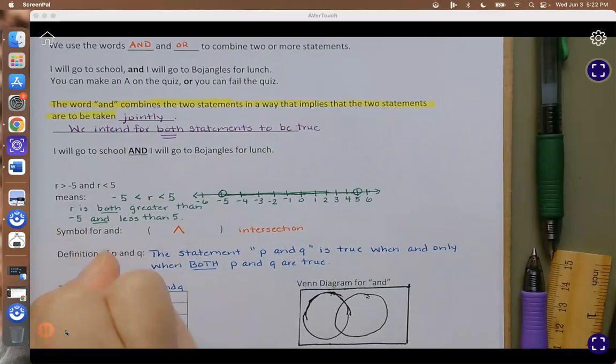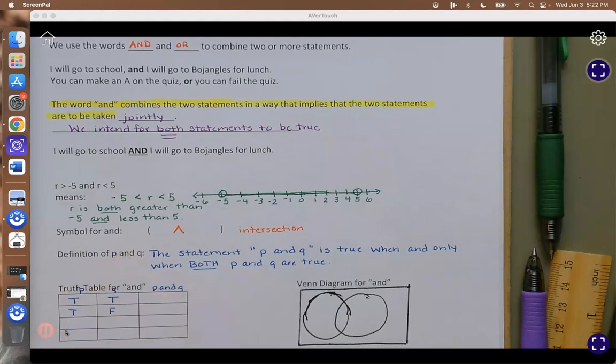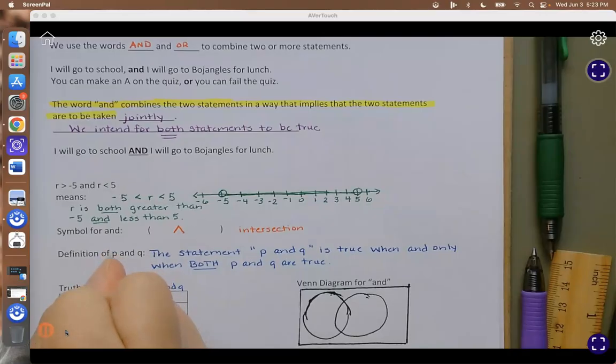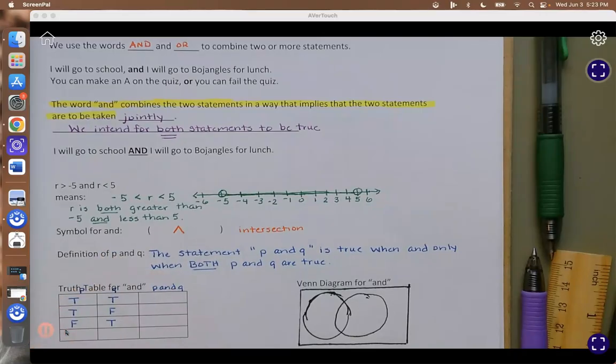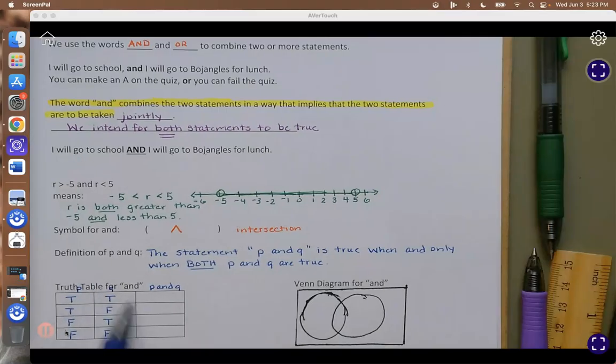P could be true and Q could be false. P could be false and Q could be true, or they could both be false. Okay, so if you just have two things, this is the first two columns of your truth table every time. They're both true. One is true, one is false. The other's false, that one's true, or they're both false.